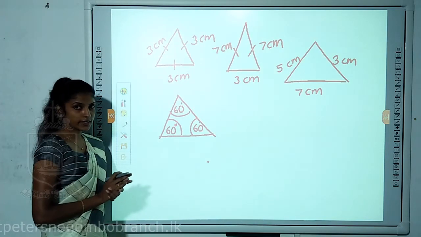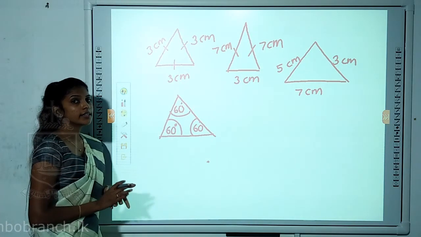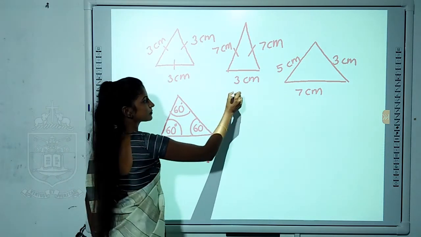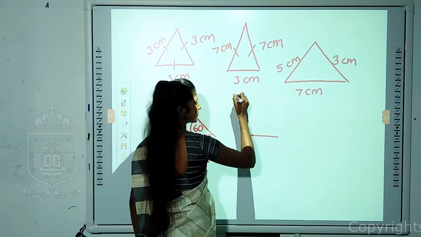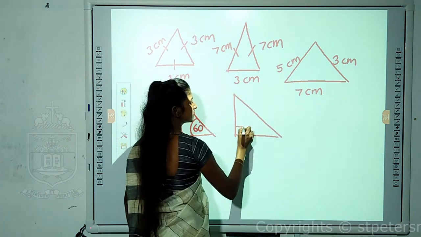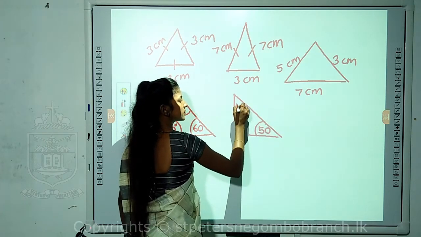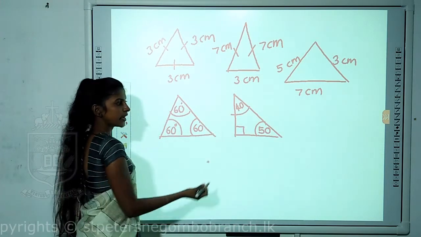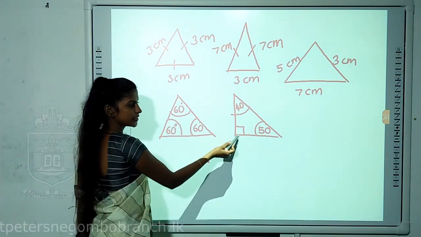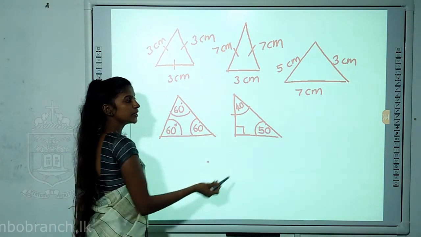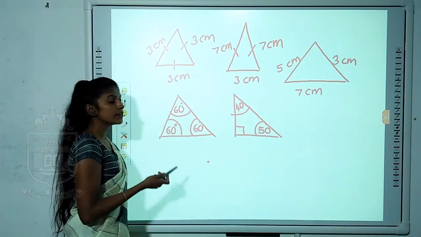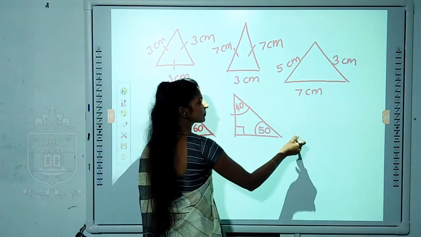So we call it as an acute angle triangle. Right, consider this 90 degrees, 50, 40. You all can see one right angle, other two are acute angles. So we call it as a right angle triangle.